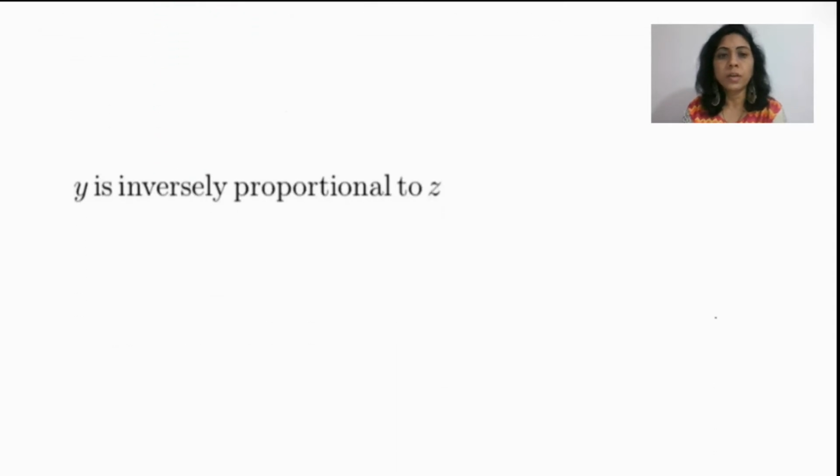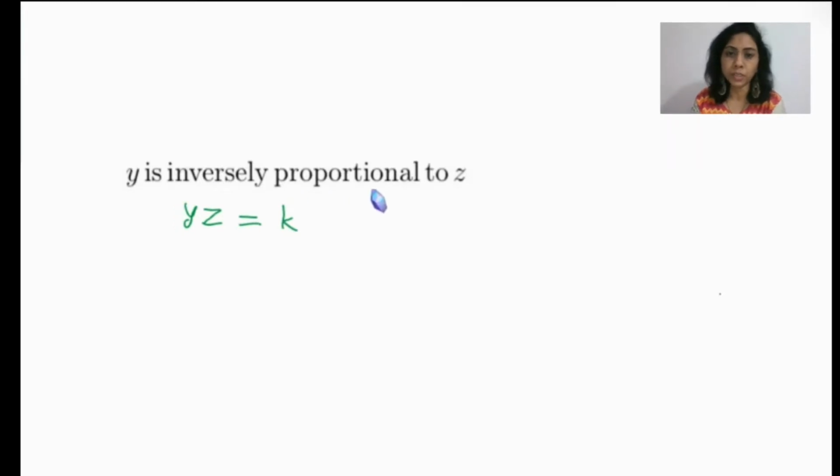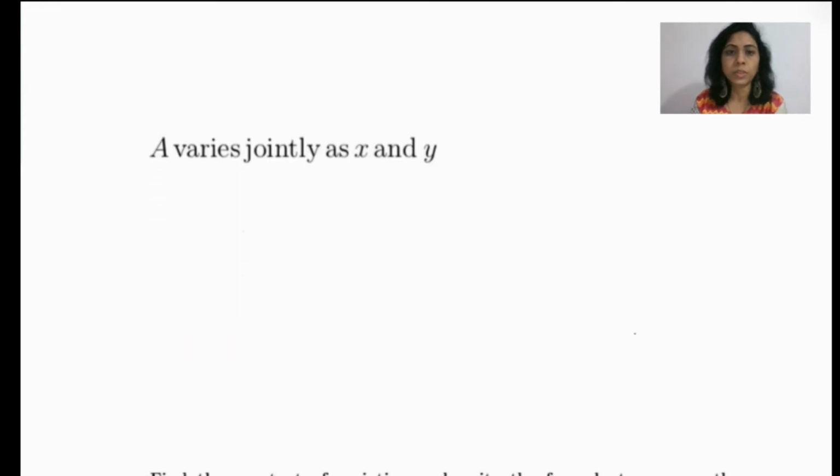Okay. Now here, y is inversely proportional to z. So y and z multiply. Inversely proportional means multiply. Okay. Now the third one. A varies jointly as x and y.